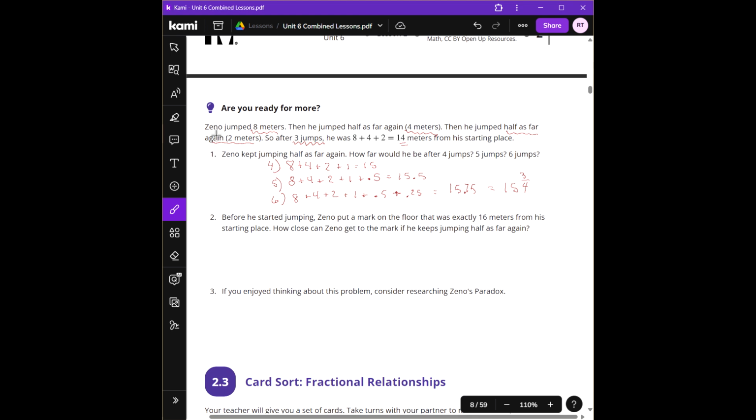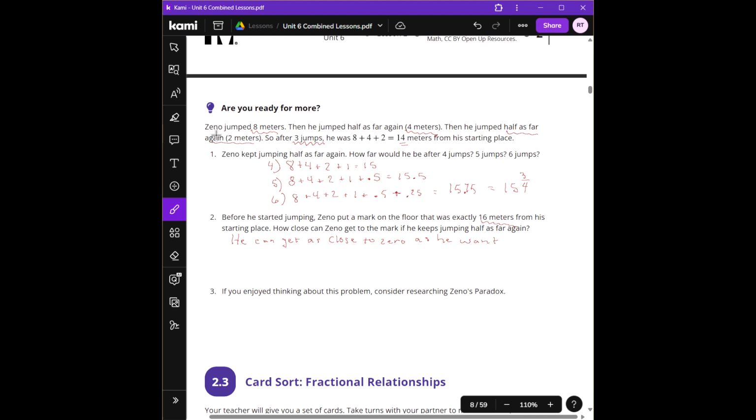Okay, so before starting jumping, Zeno put a mark on the floor that was exactly 16 meters from his starting place. How close can Zeno get to the mark if he keeps jumping half as far? Okay, so basically he can get as close to 0 as he wants.